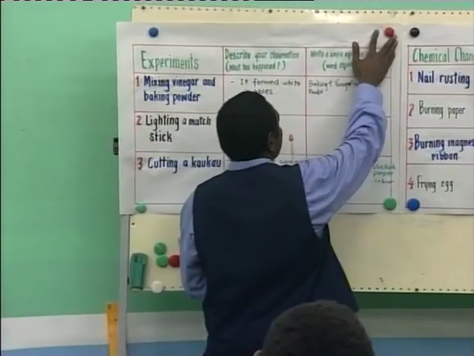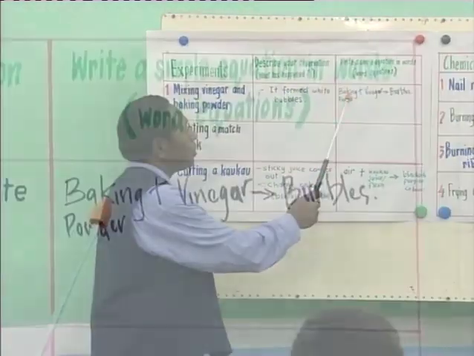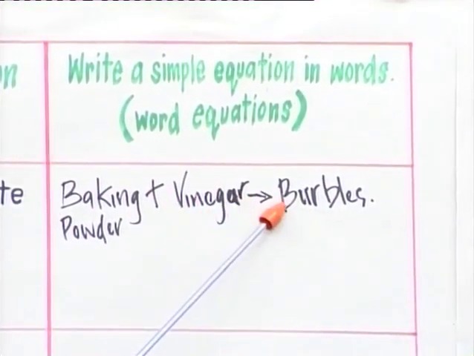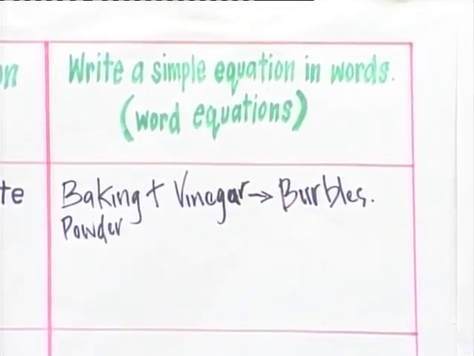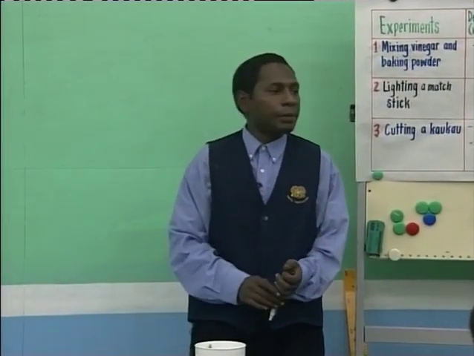Receiving students in class, don't you agree? Simple word equation there. Baking powder plus vinegar gives us bubbles or white bubbles. Right, the next one. Lighting a matchstick. Who can describe that?